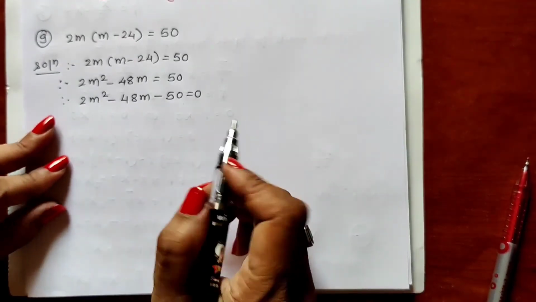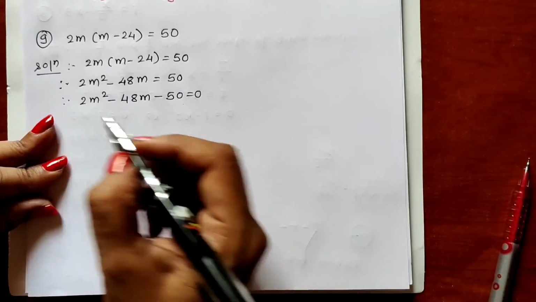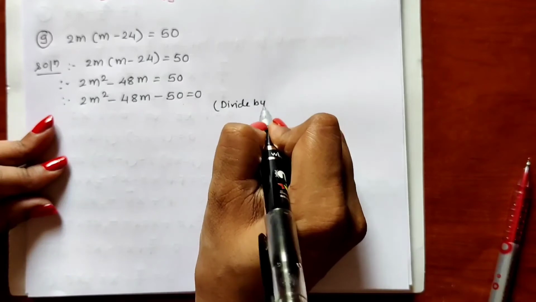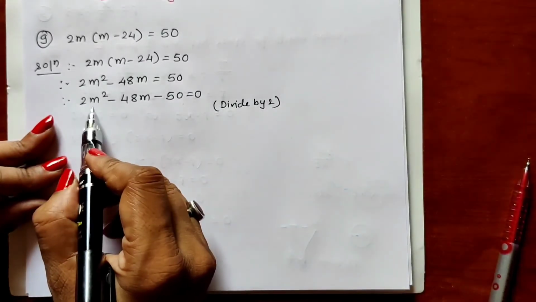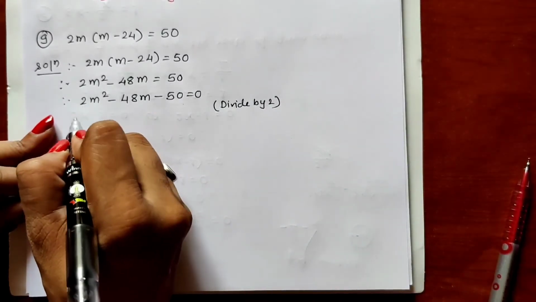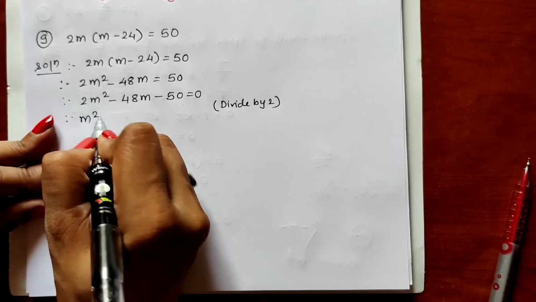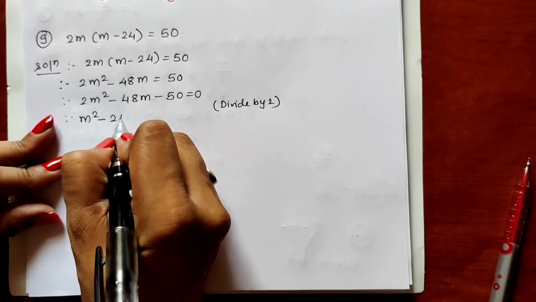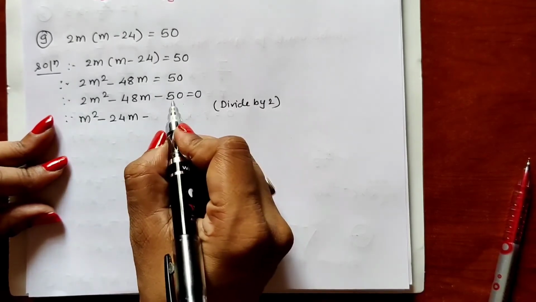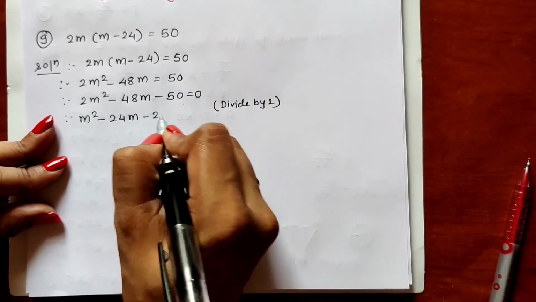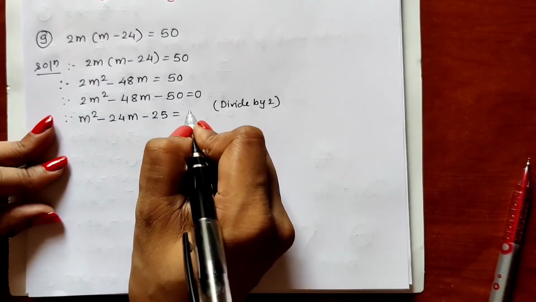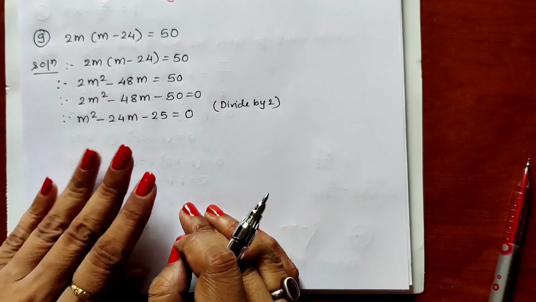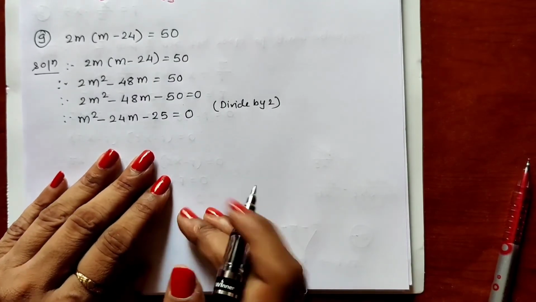So let us divide by 2. 2m square divided by 2 means 2 cancel, we get only m square, minus 48 divided by 2 we get 24m, minus 50 divided by 2 we get 25, equal to 0 divided by 2 is 0. So now the equation has become simple and simple to factorize.